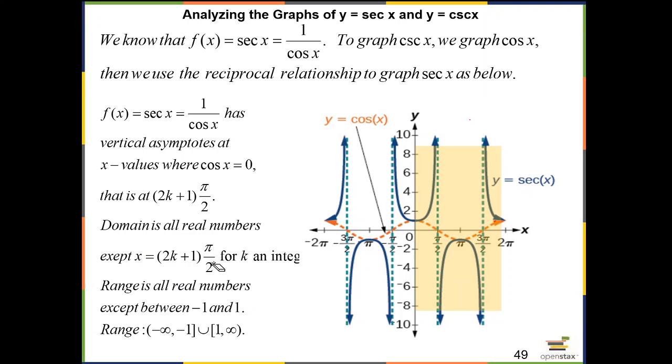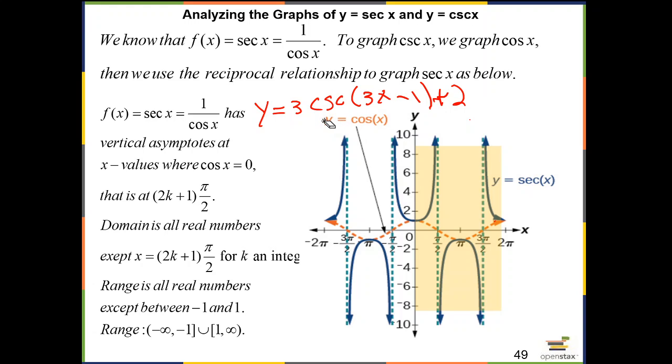Now, of course, we have to transform secant and cosecant just like we transformed tangent and cotangent, because we might be given equations like this: 3 cosecant of (3x minus 1) plus 2, something like that. Well, how do we graph this?